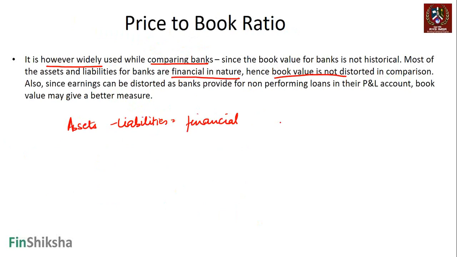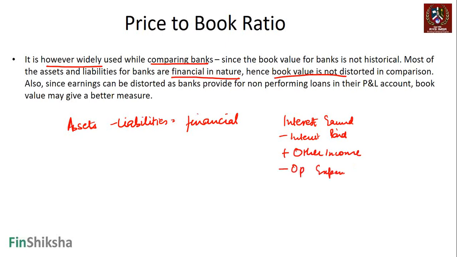The second reason is that the financial statement that we see for banks is a little bit different. It's interest earned minus interest paid. So that's the operating profit for the bank, plus any other income the bank generates, like fees on checkbooks or transactions, etc., and minus operating expenses that the bank incurs.